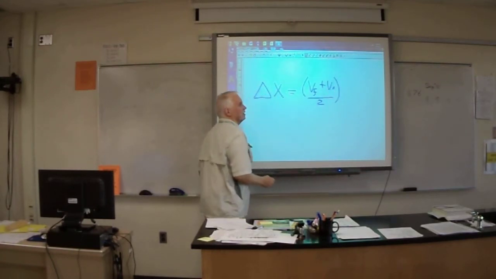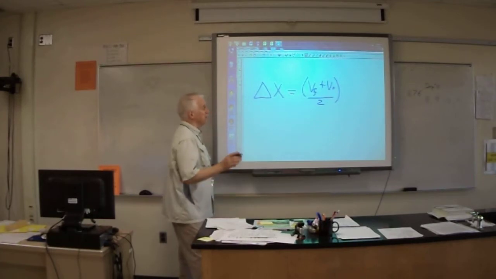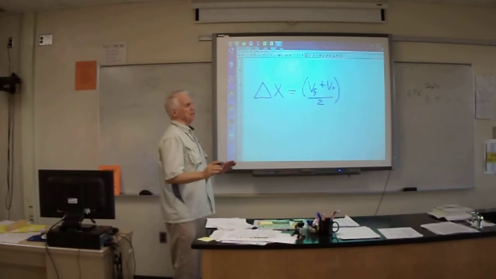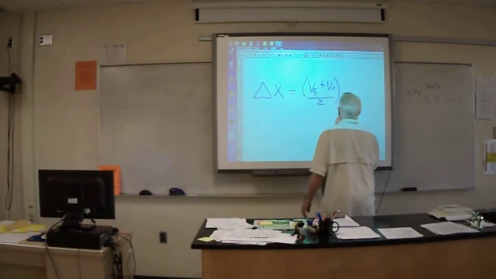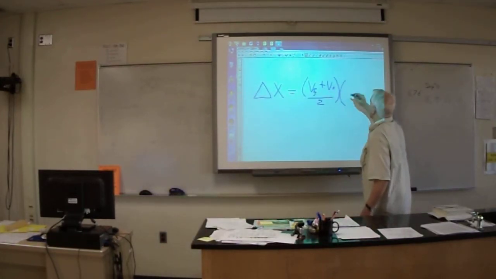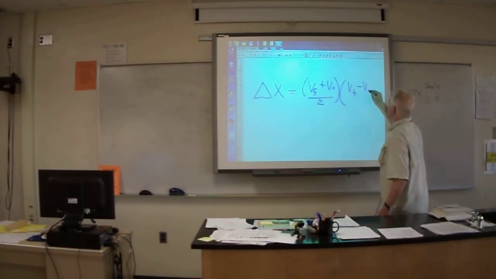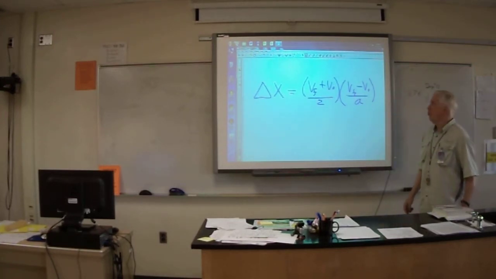Now we found an expression for the time when we looked at the slope of that graph. Very special condition: the acceleration is constant. So under this circumstance, the acceleration equals the slope. So I solved for time using that. I got v final minus v initial all over the acceleration. Now we're just about home.